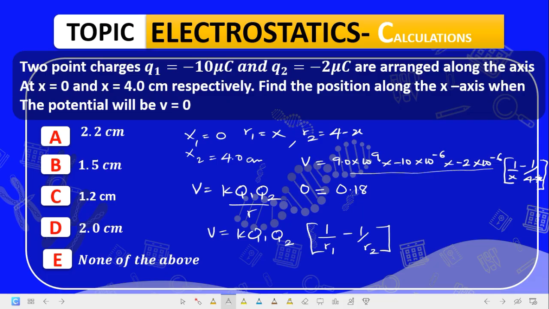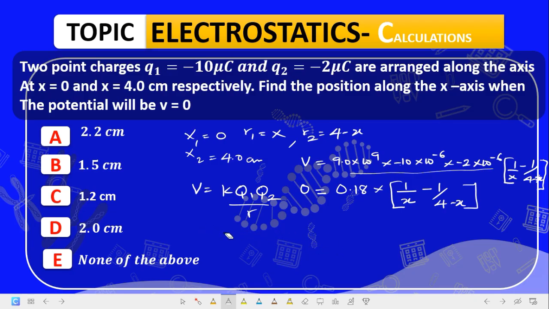That is 9.0 times 10 raised to the power of 9 times minus 10 times 10 raised to the power of minus 6 times minus 2 times 10 raised to the power of minus 6, then times 1 over x minus 1 over 4 minus x. Now I can easily erase this so that we have enough space to solve.